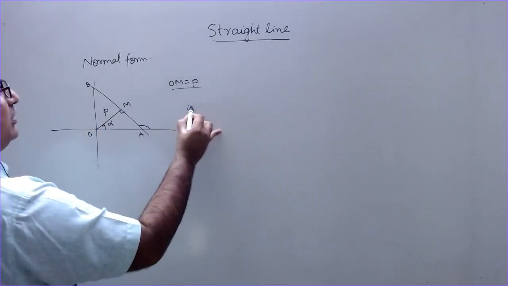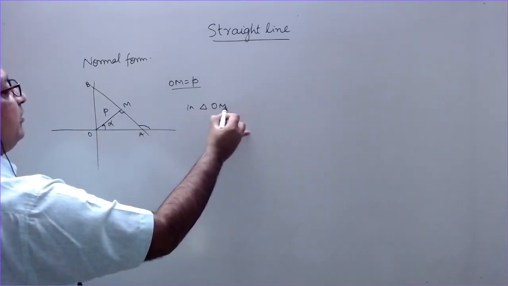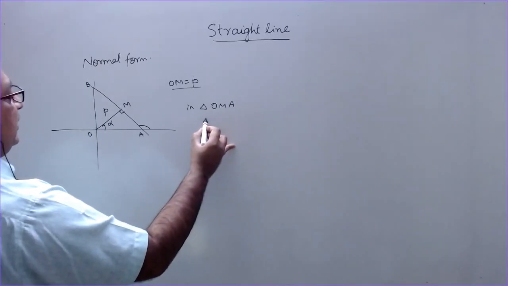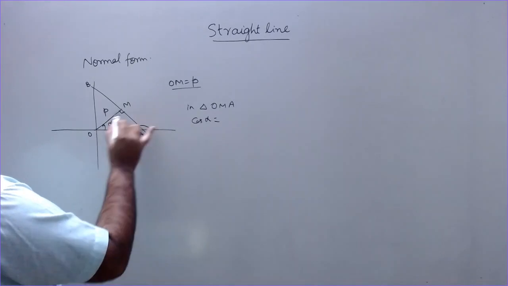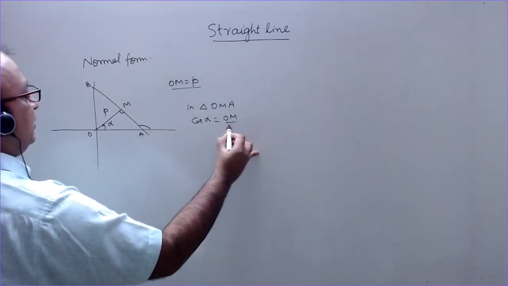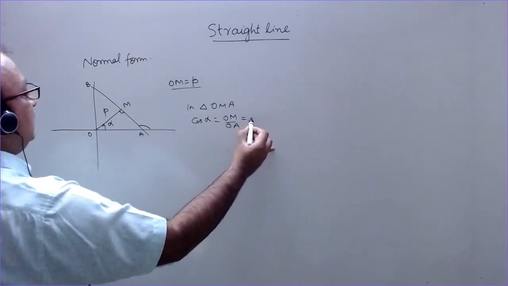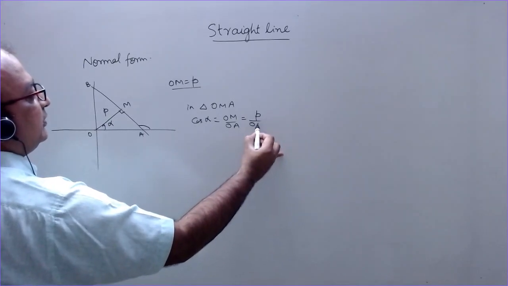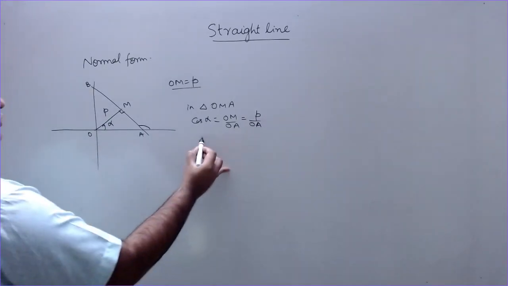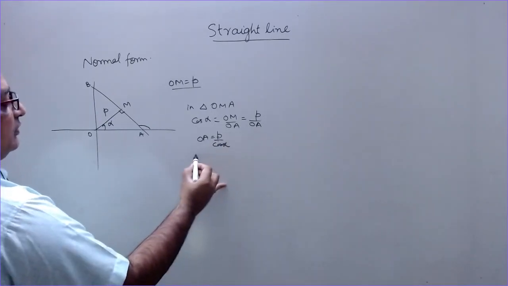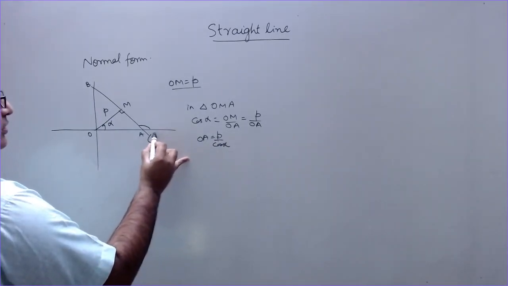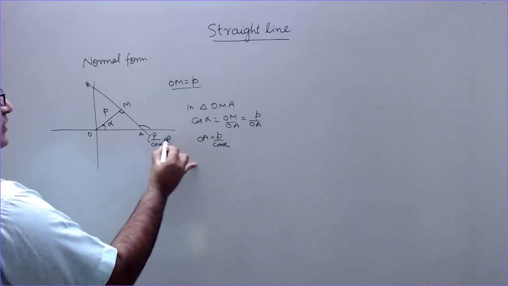So in triangle OMA, what is cos alpha? Base upon hypotenuse, so p by OA. So OA is p by cos alpha. Coordinates of point A are p by cos alpha and 0.